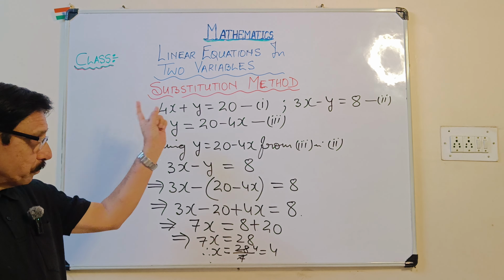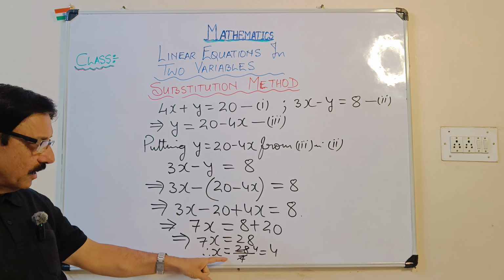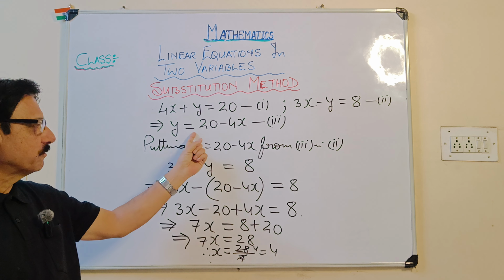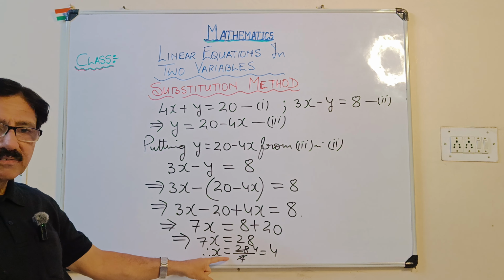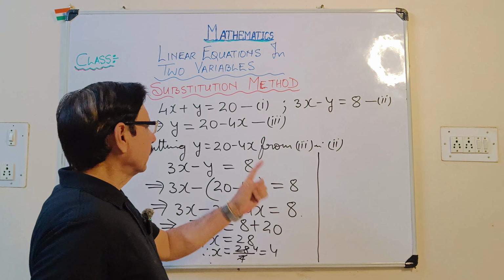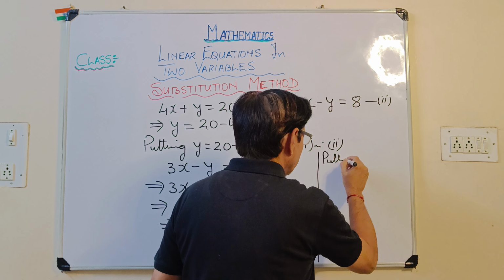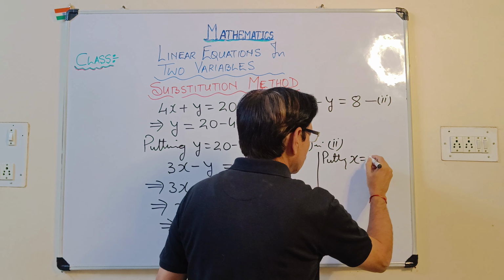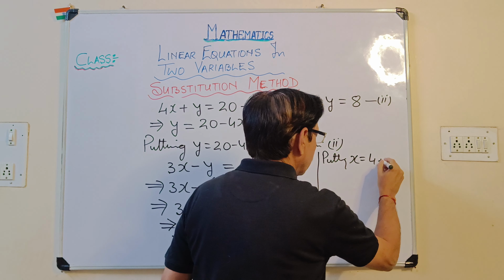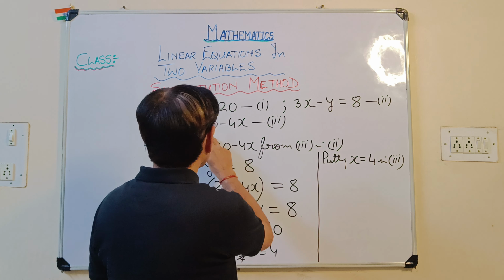Now in the first example, because we put the value of x from third in second, we got first the value of y. Now here we have put the value of y first, so we got the value of x. And now this value of x we put in the third equation. So putting x is equals to 4 in third. So what is third?